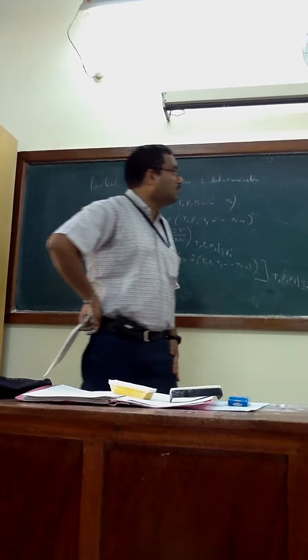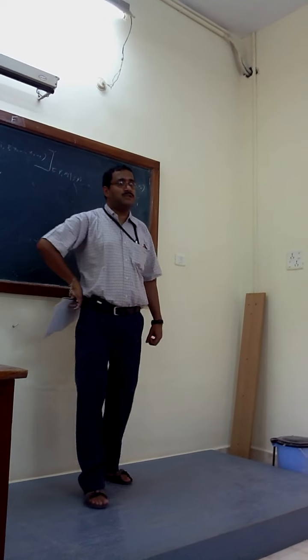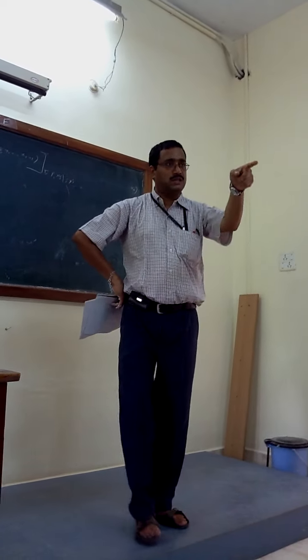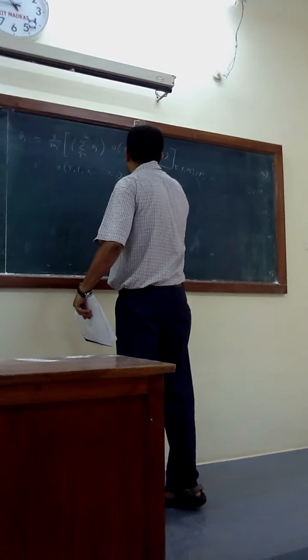I am asking for ∂/∂n_i of summation j equals 1 to c of n_j, which is nothing but n. How much is the answer? Yes? 1. And to get 1 we will take so much.